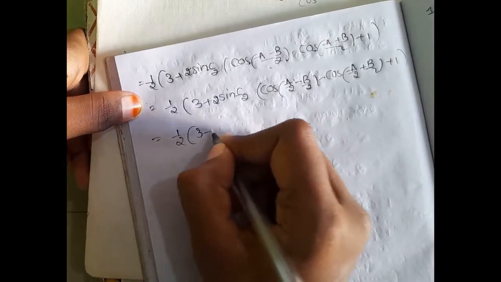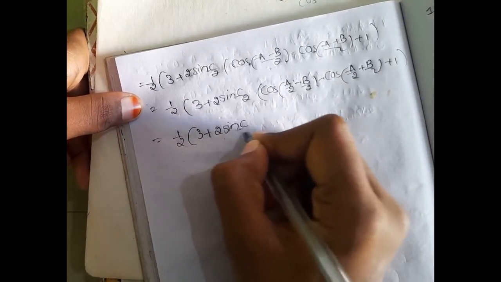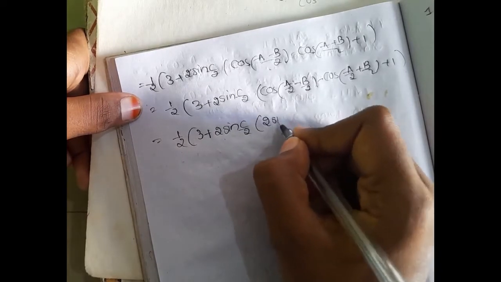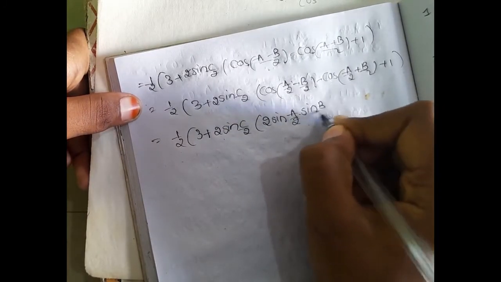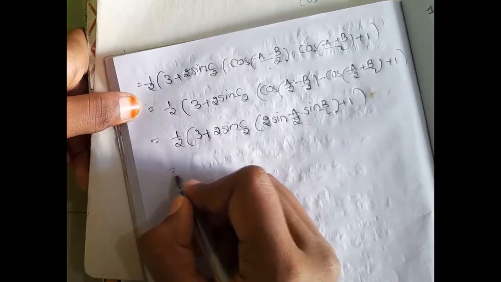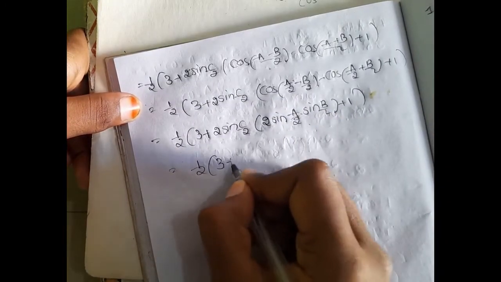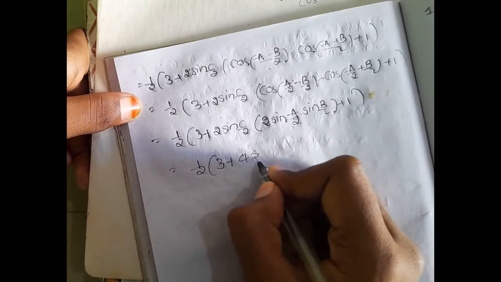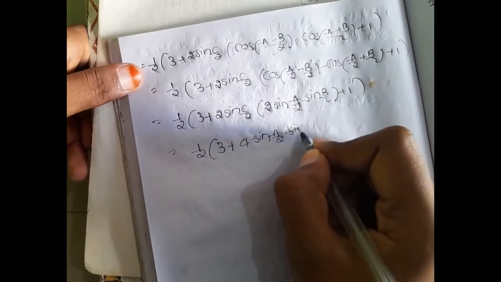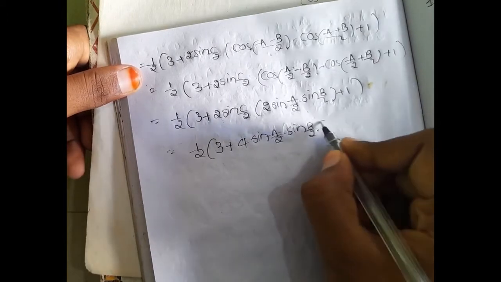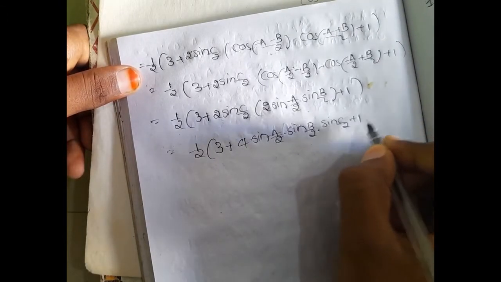1 by 2. So what is the formula of that? 2 sin a by 2 sin b by 2. 1 by 2, 3 plus, multiplying the whole thing, 4 sin a by 2 sin b by 2 sin c by 2 plus 1.